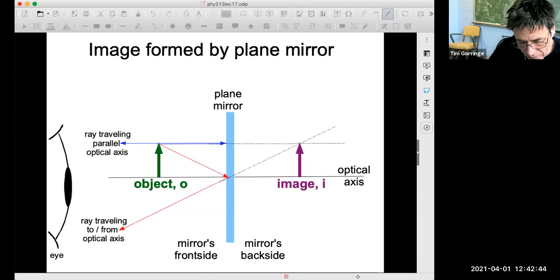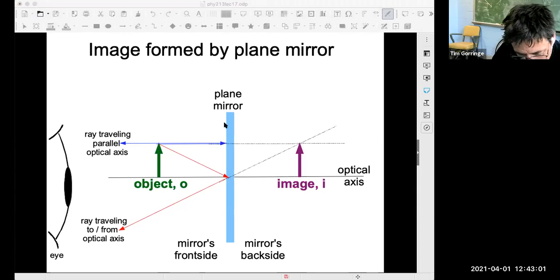And on this diagram, I'm going to explain some of the terms and language that we use when we do ray tracing. So first of all, in the center here, this is the plane mirror, the flat mirror, the uncurved mirror. That's standing vertically.